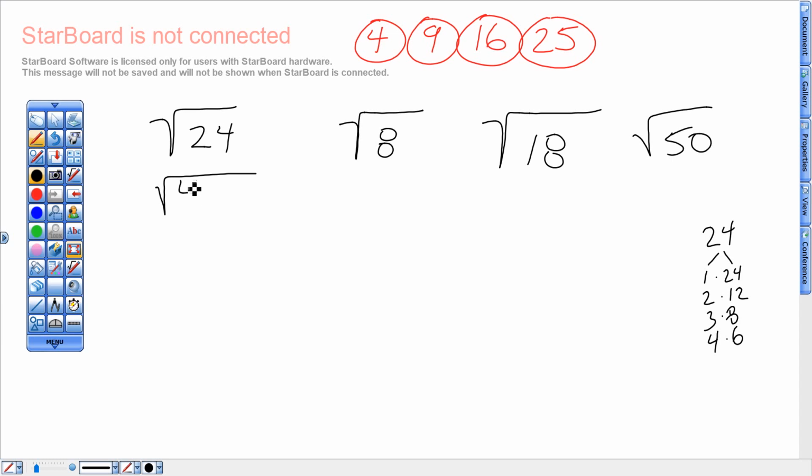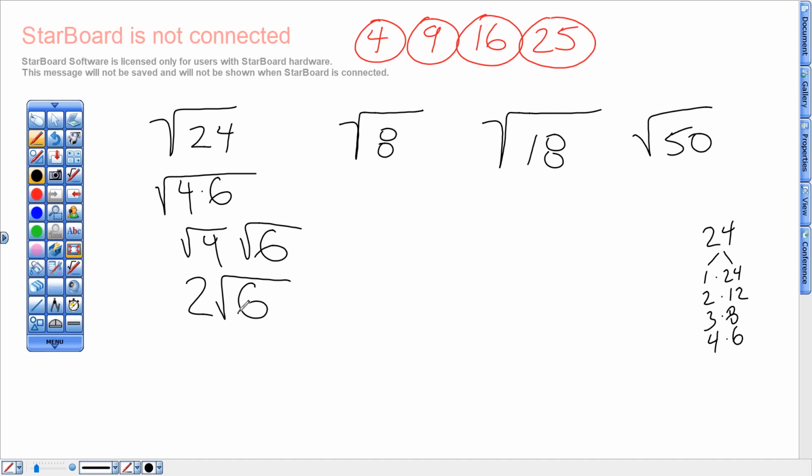Yeah, 4. Okay, and then you break it into two little separate square roots. Yes, root 4 and then root 6. Beautiful. Can't be simplified anymore. 6 has no perfect root in it. It would give you a decimal at that point. Perfect. All right, 8.